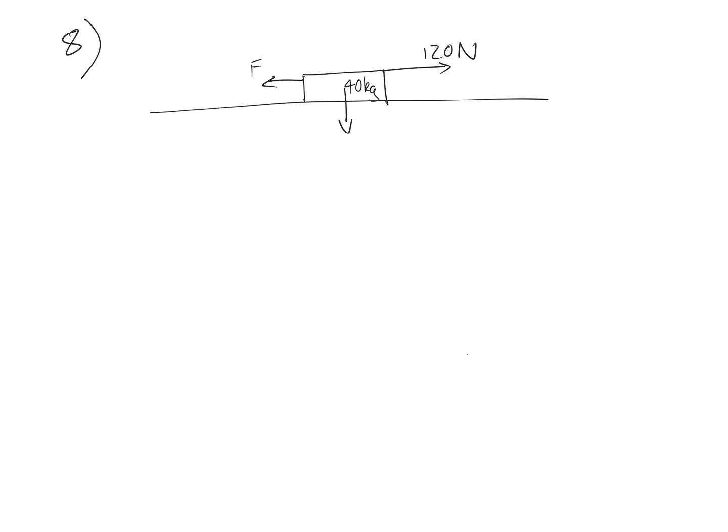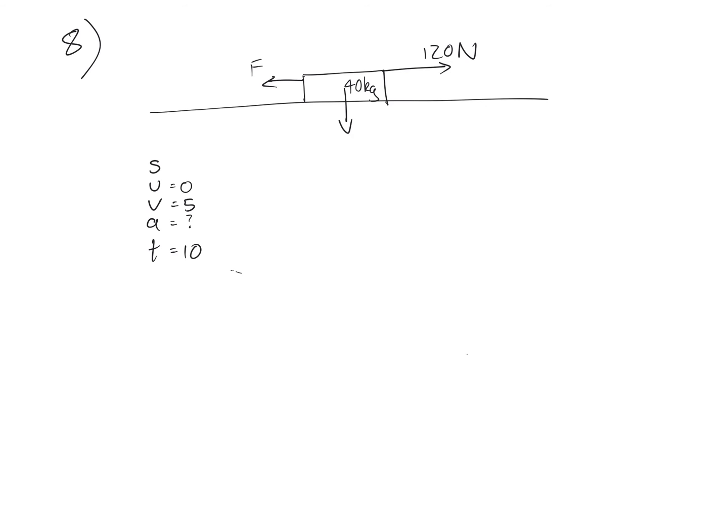Tension in the rope is 120 newtons. The sledge is initially at rest. After 10 seconds its speed is 5 meters per second. So initially at rest, it's 5. Don't know its distance travelled, but we do know its time is 10 seconds.